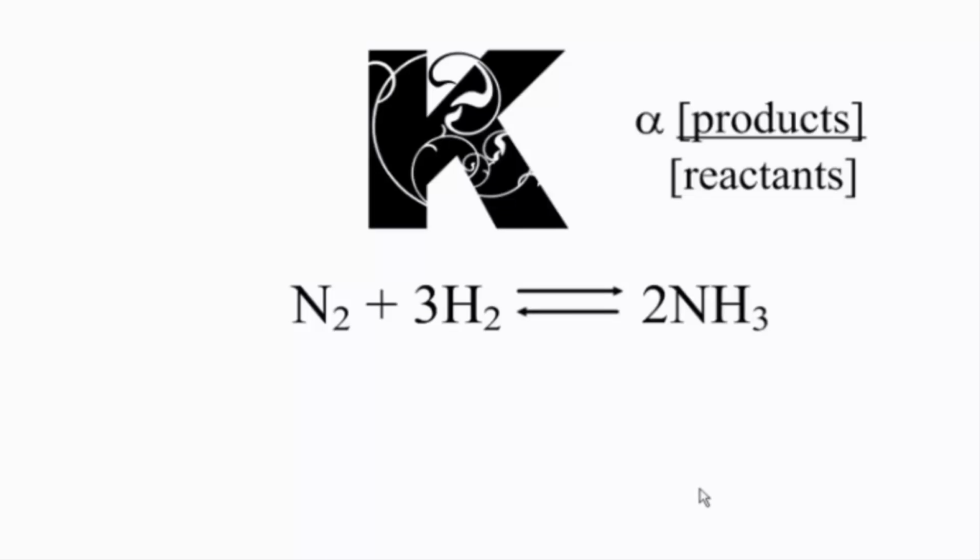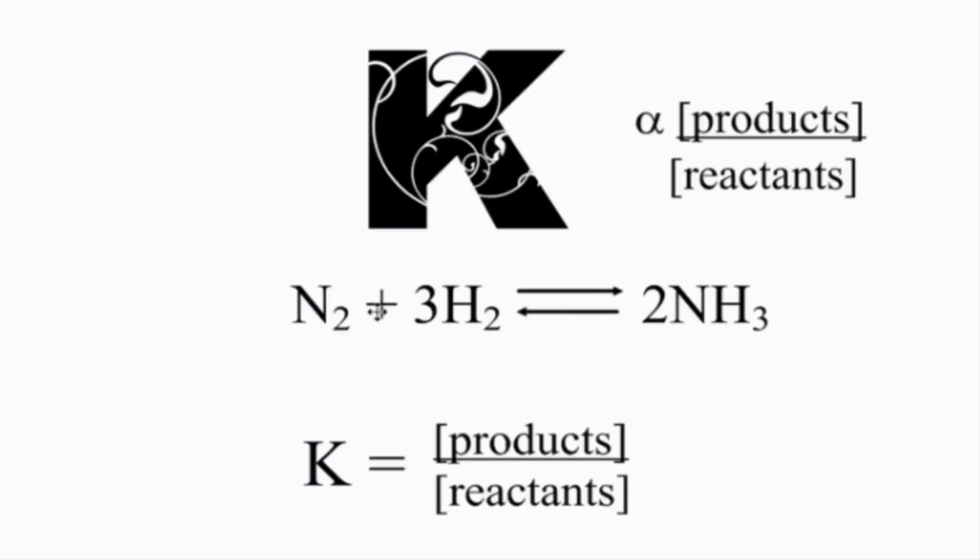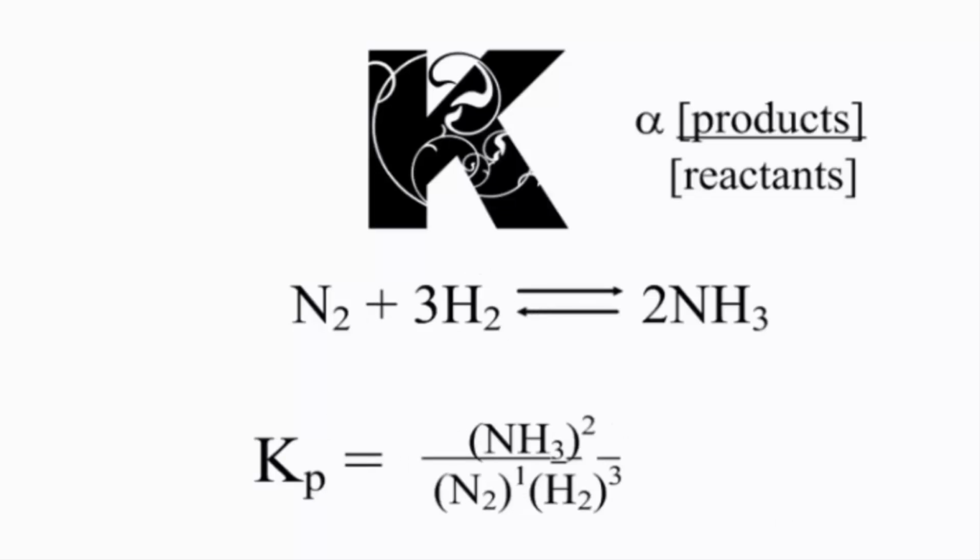So this is my equilibrium equation. Over here your nitrogen and hydrogen form NH3 and an equilibrium is formed, and the equilibrium constant is equal to products divided by reactants. You got 2 NH3 here, so NH3 power 2, N2 power 1 and H2 power 3. This is referred to as the equilibrium constant.